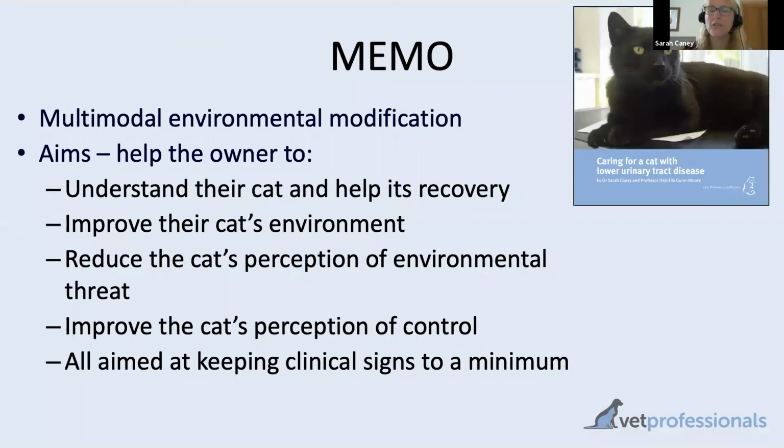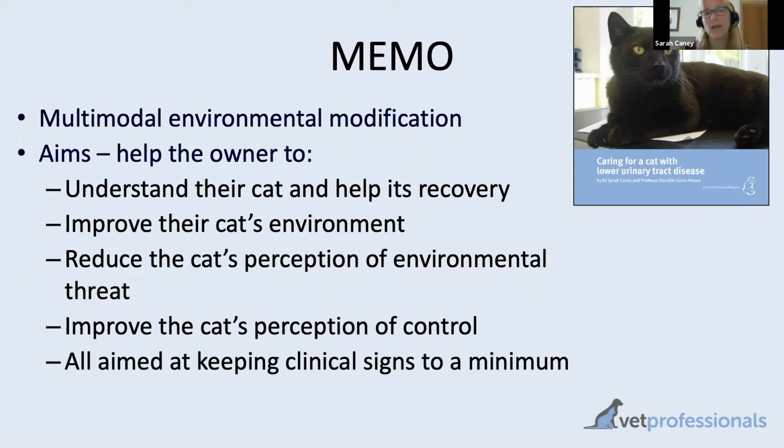So in terms of the first step, looking at the household and the home environment and stress there, the strategy that this is part of is called MEMO, which stands for multimodal environmental modification. This was a term coined by Professor Tony Buffington, who I mentioned earlier on, who's very much a guru in idiopathic cystitis and has done a lot of work.